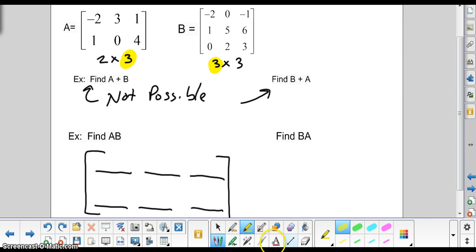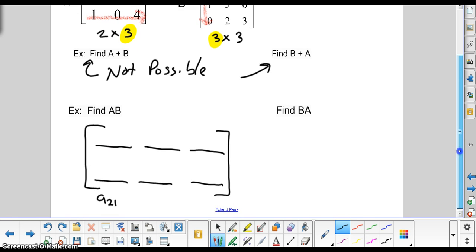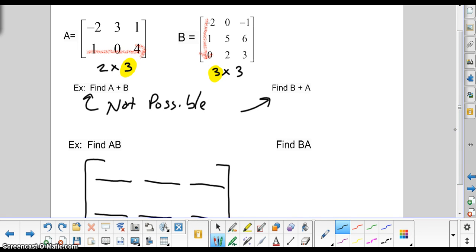In order to do that, I'm going to take row 2, which is right here, and multiply it by column 1. 1 times negative 2 is negative 2, plus 0 times 1 is 0, plus 4 times 0 is 0.